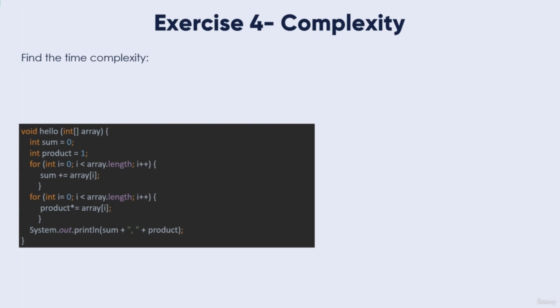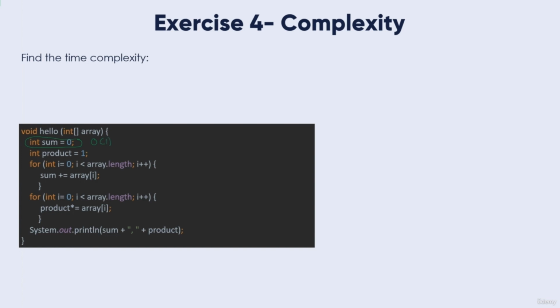Well, my friends, again, I hope you tried it, because writing down and trying to solve exercises is very important. We see here int sum equal to 0. We start with this, we are just declaring a variable, so O of 1.